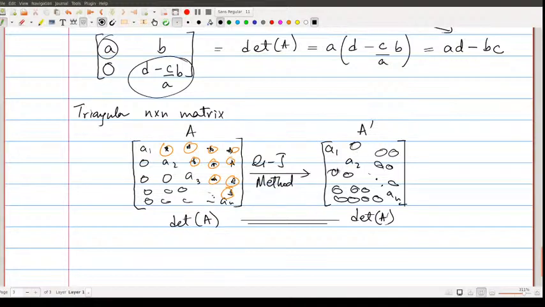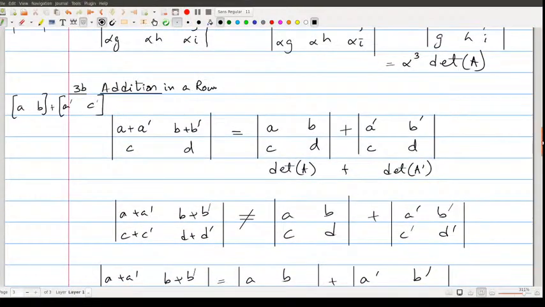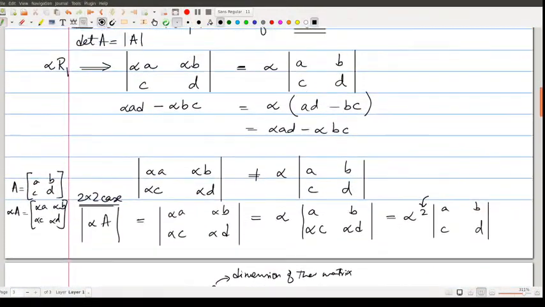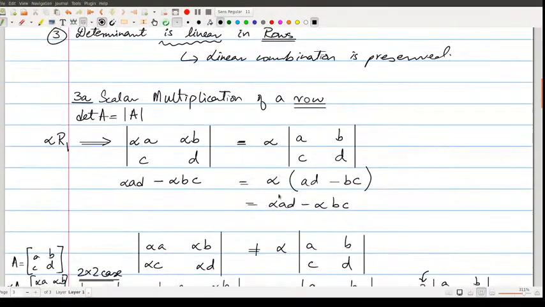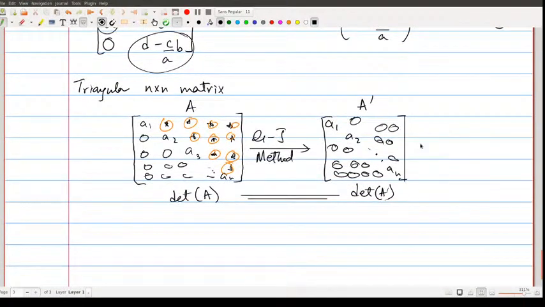I can use property 3a. What was property 3a? Property 3a told me that if I have alpha A, alpha B, I can factor out some multiple from each of the rows. So let's say from the first row I'm going to factor out A1.